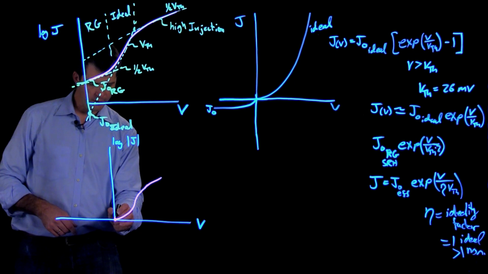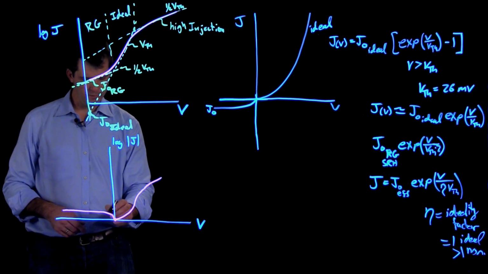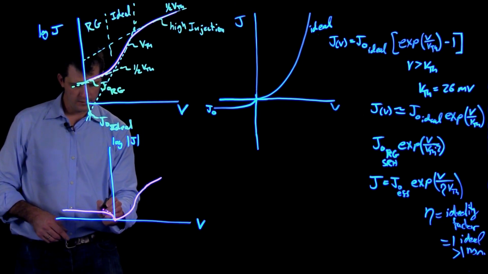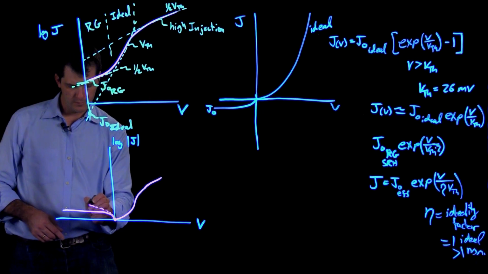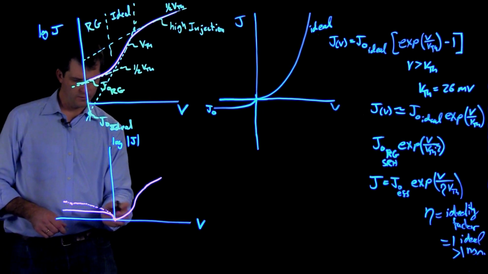And in reverse bias, we should get, for an ideal diode, something that saturates like this. And if we have some non-idealities, such as the recombination mechanism, it might still continue to increase.